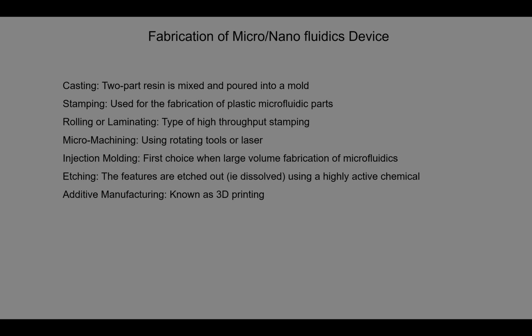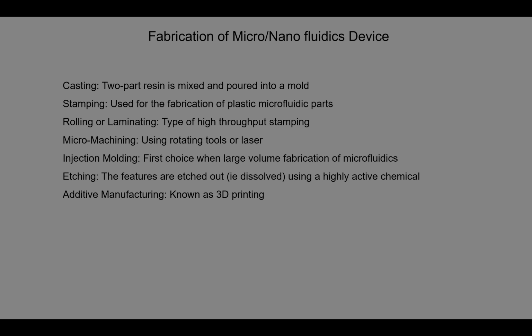Then rolling and laminating are types of high throughput stamping. Then micromachining, where rotor tools or lasers can be used. Another one is injection molding, which is the first choice for the large-scale fabrication of microfluidics. Then another one is etching.